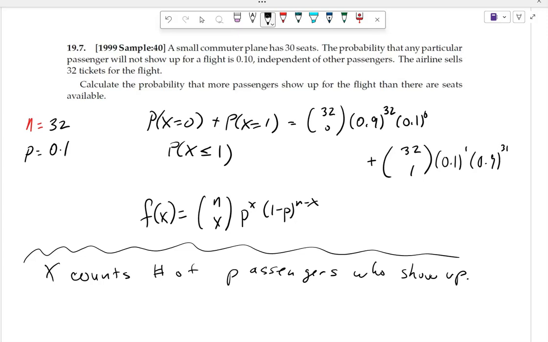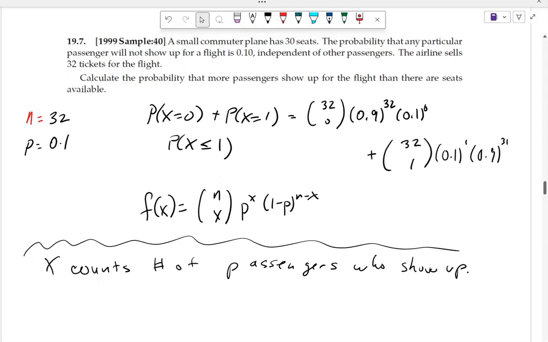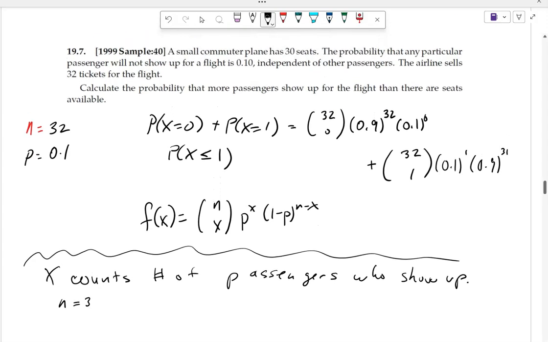Rather than in this part up here in this solution, we define success as not showing up. If we flip it, n is still 32, but what's p now? It's 0.9. That's the probability an individual passenger shows up.